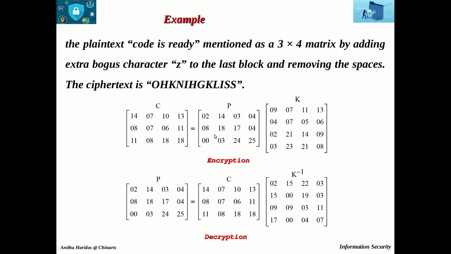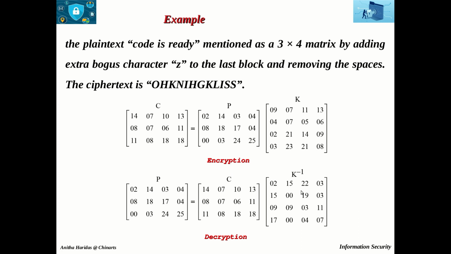Now this 3 by 4 matrix is multiplied with the 4 by 4 key matrix to generate the ciphertext blocks. So this is ciphertext block 1, ciphertext block 2, ciphertext block 3. Here this is plain text block 1, plain text block 2, plain text block 3. And if you observe here, this key matrix has an inverse.